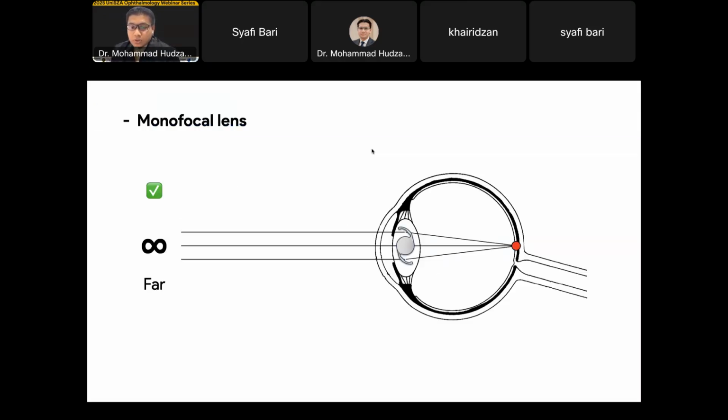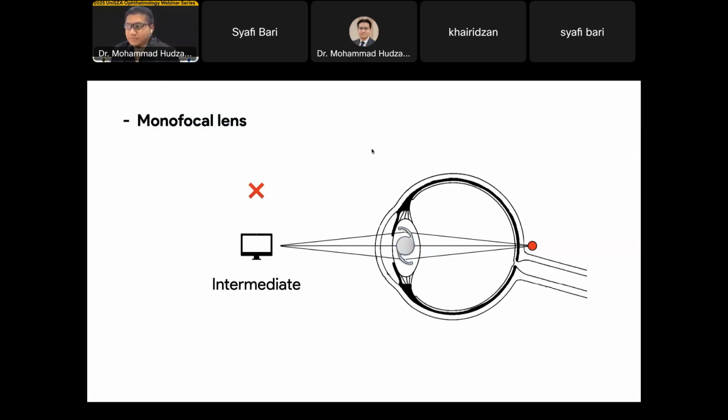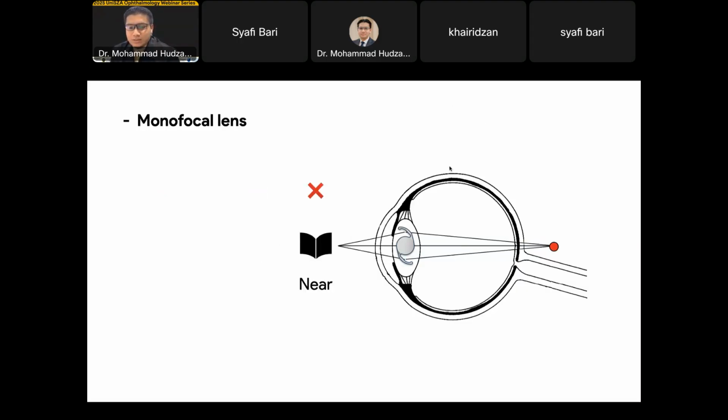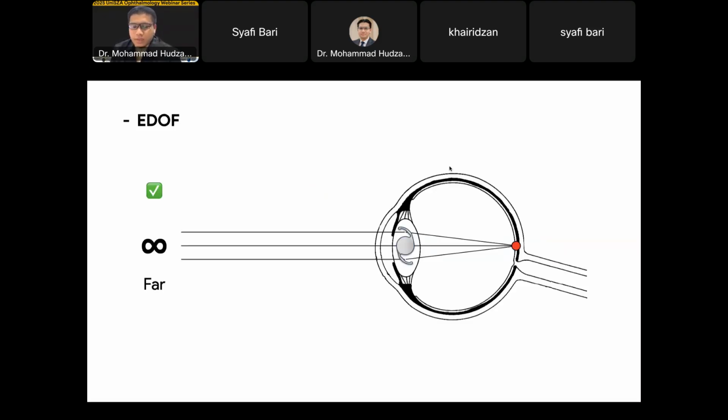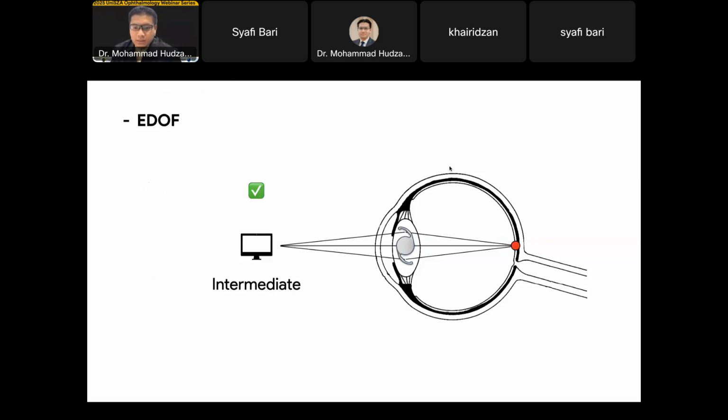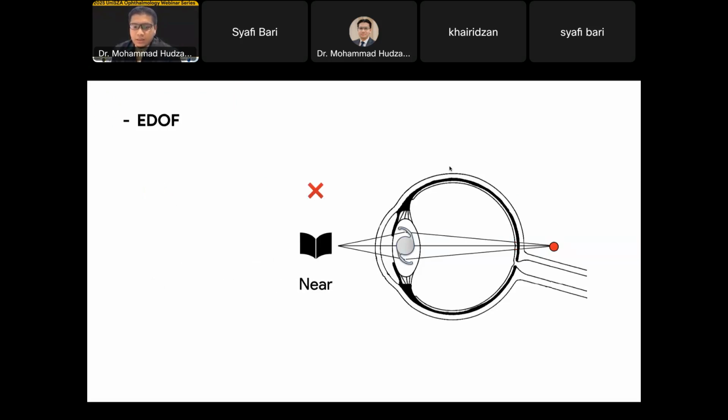In the case of a monofocal lens, at distance you will have clear vision, but at intermediate you will have poor vision, and at near you also will have poor vision. For example, if you implant an EDOF lens, you will have good vision at far and good vision at intermediate, however poor vision at near.